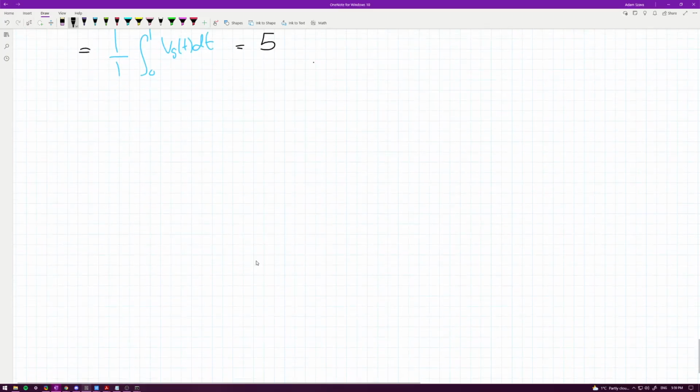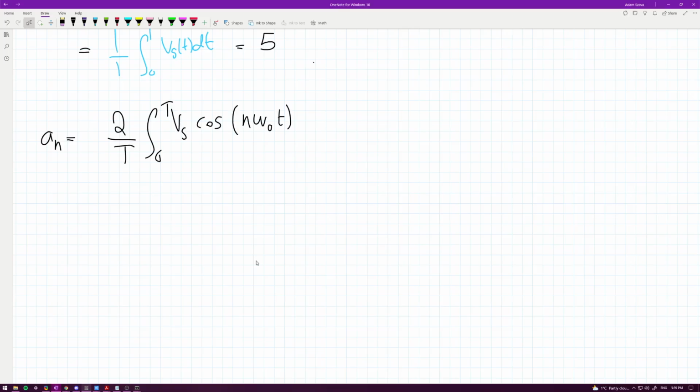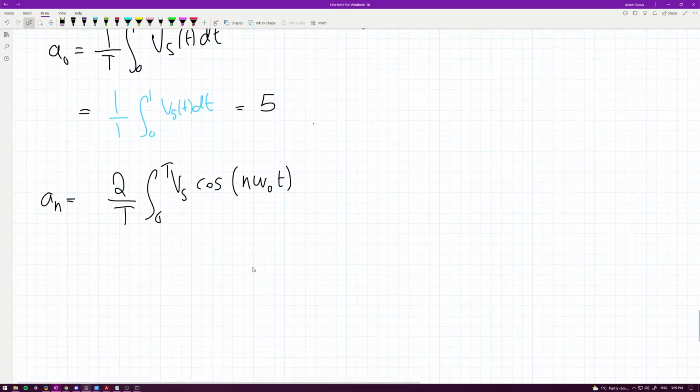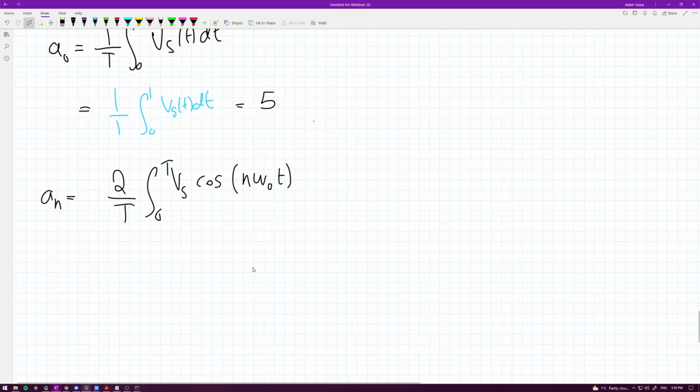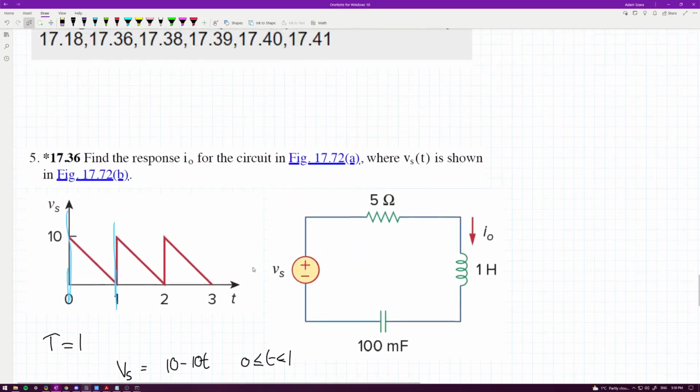And then calculate a n. So a n is 2 over t integral 0 to t of vs cosine n omega 0 t. Oh, sorry, I'm reading out the slide. Why n omega 0? That's n times the fundamental frequency.